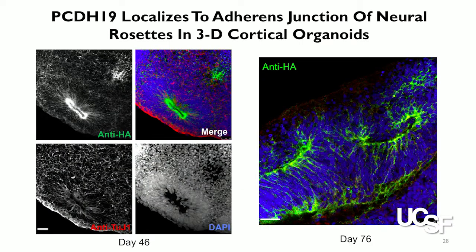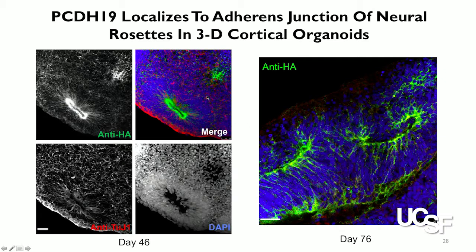And then, what does PCDH19 look like in this 3D organoid? The panel on the right is the HA staining, shown in green, and this is the TUJ1 staining showing the neurons generated in this organoid. When we overlay these two, we can see that PCDH19 is still localized to the adhesion junctions, the apical center of the SVZ area, and it might not be clear.